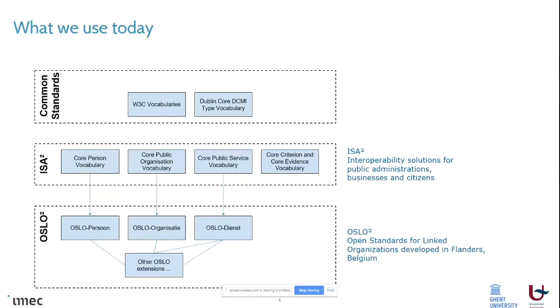And there are also multiple projects going on to provide different extensions and application profiles. And also what we are doing, our steps description, Oslo steps, we're trying to also propose one possible extension.